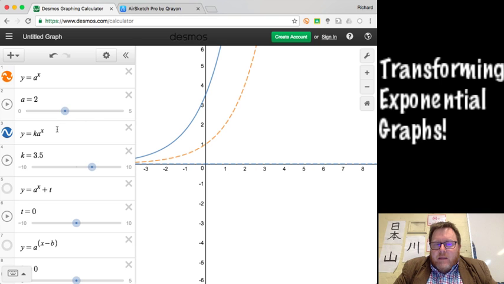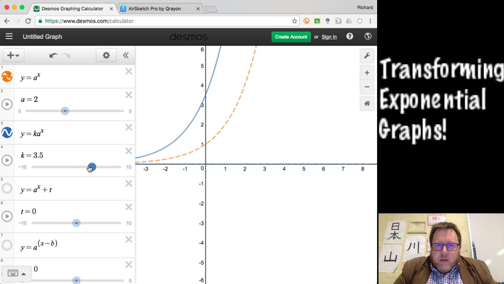So when x is a million, 3.5 times whatever that is is not massively bigger. But it does make a difference, and it's worth looking at the y-intercept. In the basic graph the y-intercept is 1, but in the scaled graph, with k equaling 3.5, the y-intercept is 3.5.